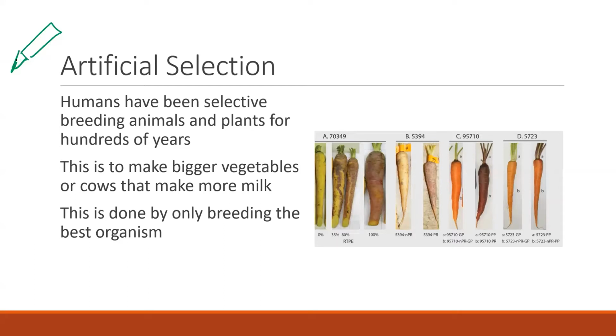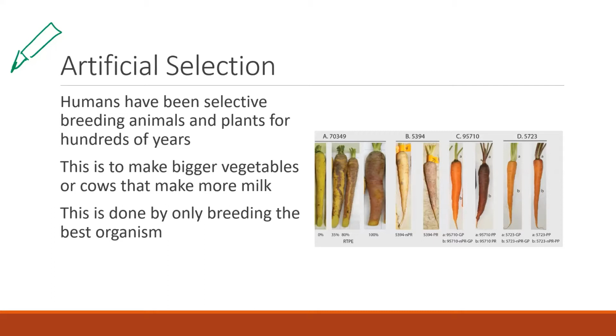How do you pick them? Well, out of all the vegetables that got made, we'll say this one was the best. It tasted the most delicious. So let's take the seeds out of this particular plant, or let's take this particular animal and breed it so that we can get more of that type of organism. This is done by breeding the best organism.